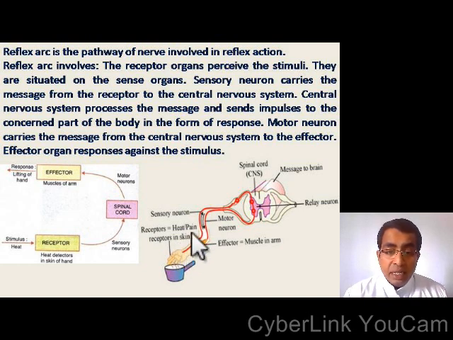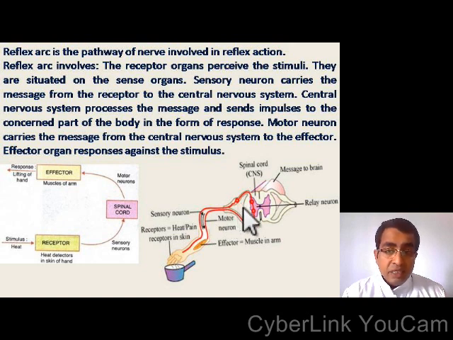Sensory neuron carries the message from the receptor to the central nervous system. Central nervous system processes the message and sends impulses to the concerned part of the body in the form of response through motor neuron.